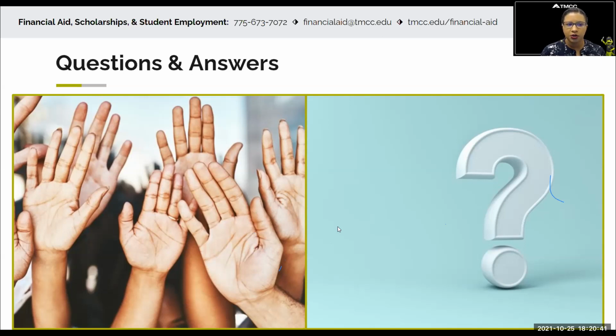It will have their Millennium Scholarship number. They have to take that number and register for it on the Nevada Treasurer's website. And then once they've registered, the school will be notified that the student is eligible for the Millennium.